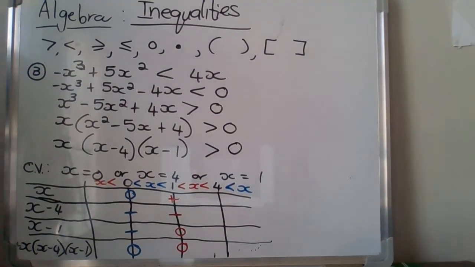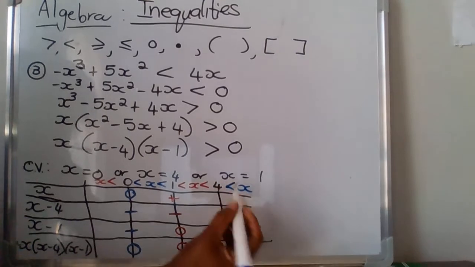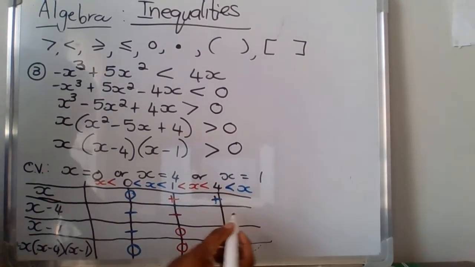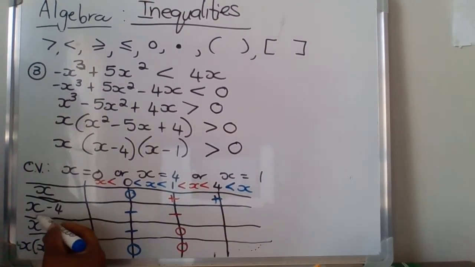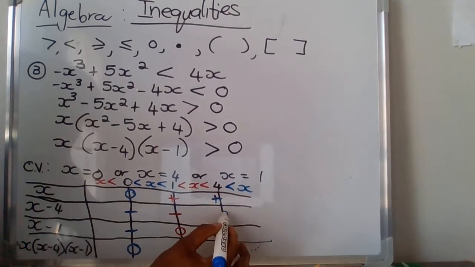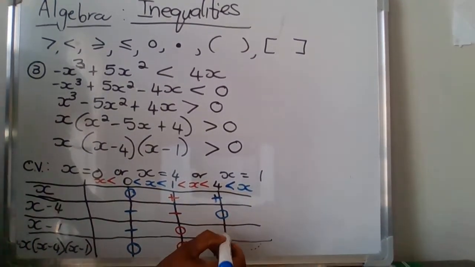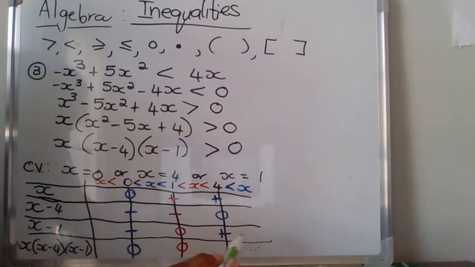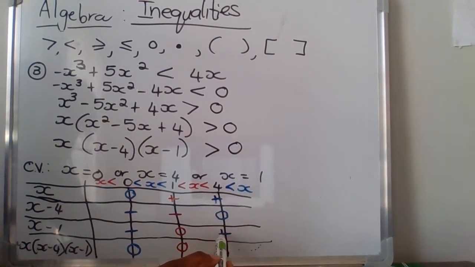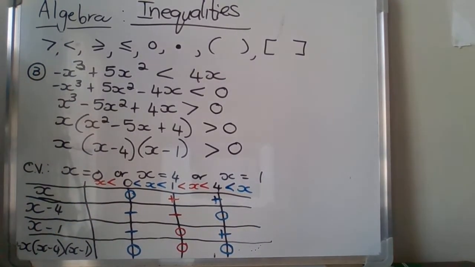Then the last critical value, x equals 4. That's a positive value. When x equals 4 here, you get 0. When x equals 4, I get 3, which is a positive value. Again, positive times 0 times positive gives me 0.